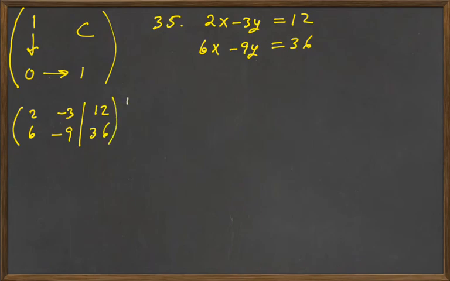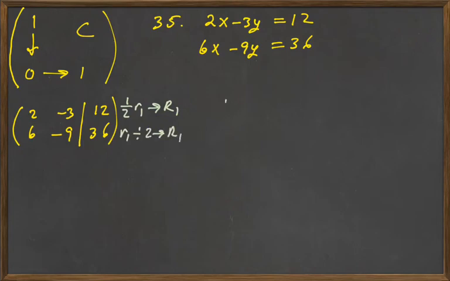All right, and the first thing we'd like to do is make this a 1. I don't have a really good row swap here. I'm going to have the same problems. So we're going to divide the top row by 2 or multiply it by 1/2. And so we'll get a fraction.